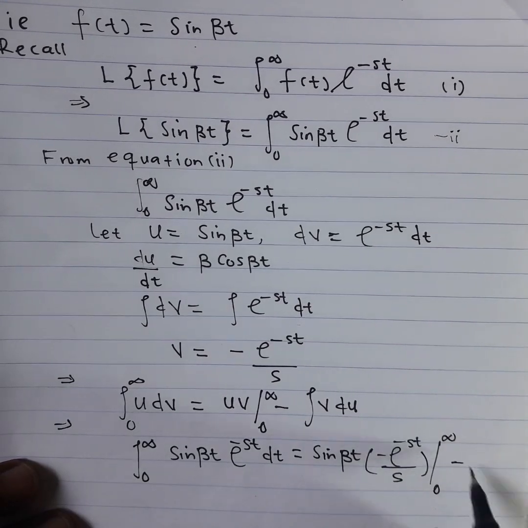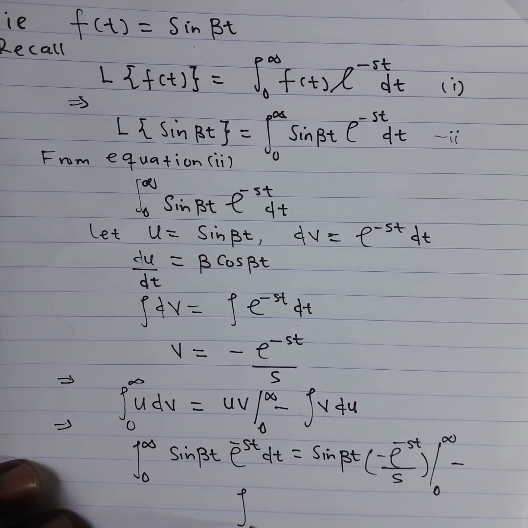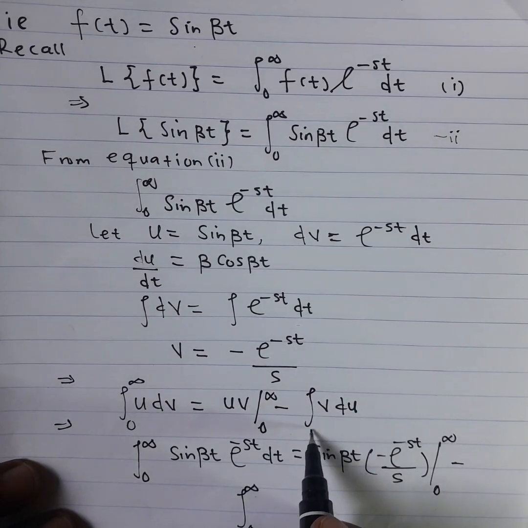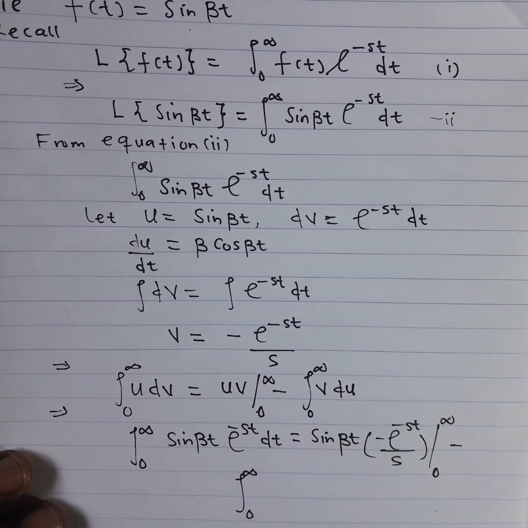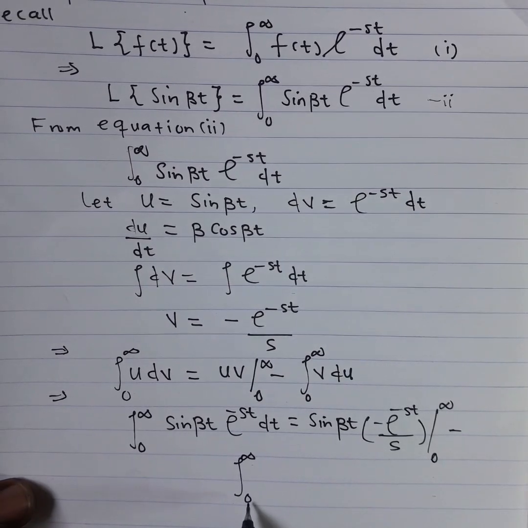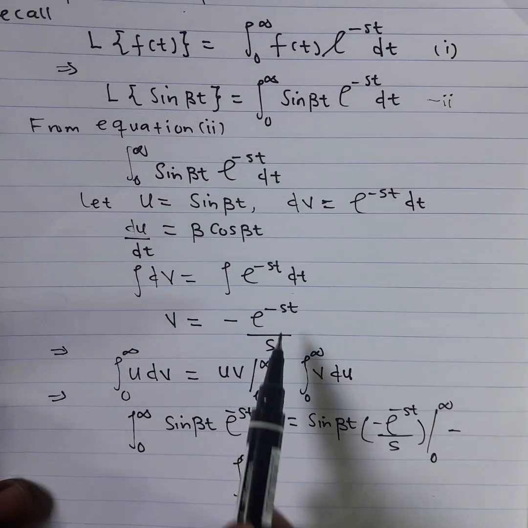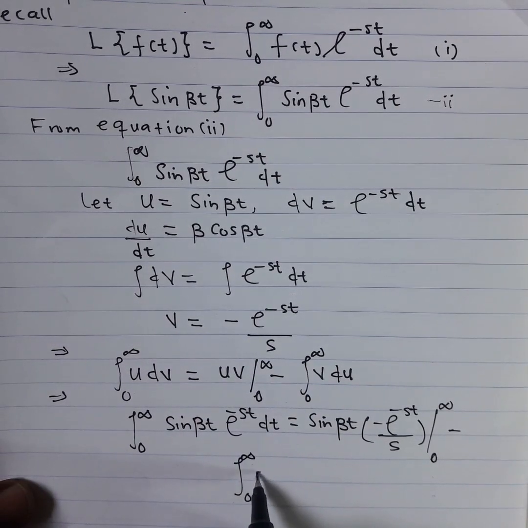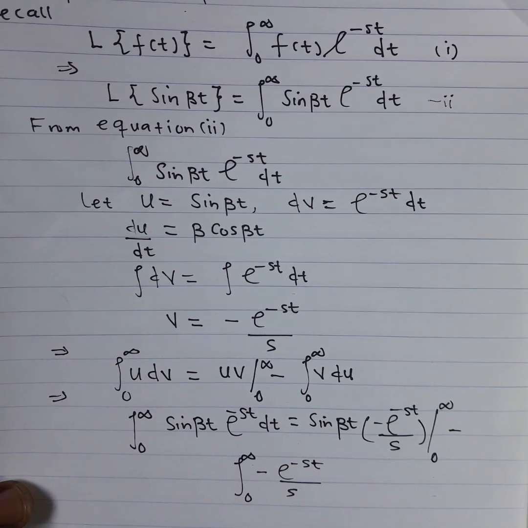So minus the integral from 0 to positive infinity, our phi equals this, all divided by s.